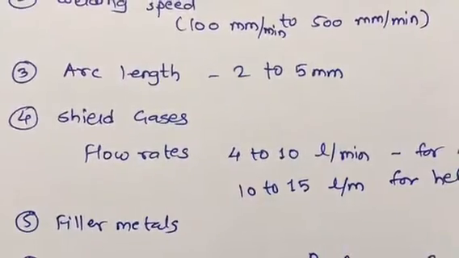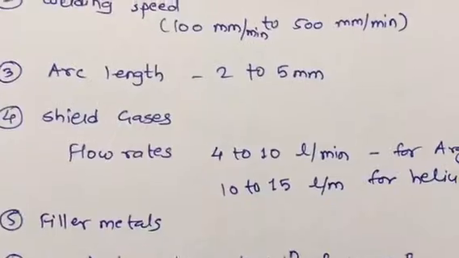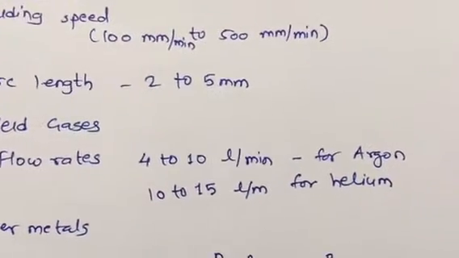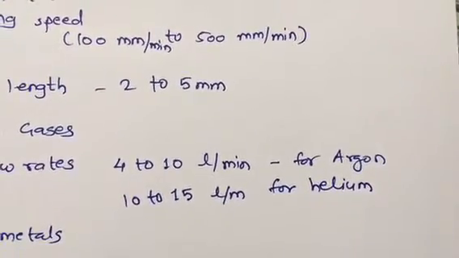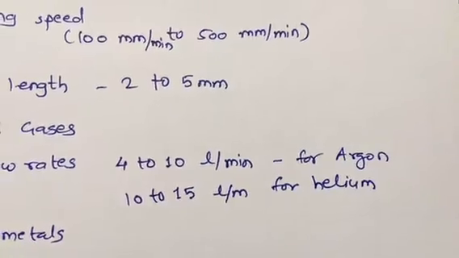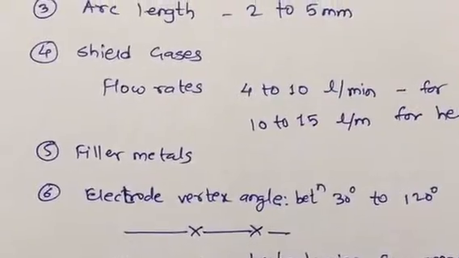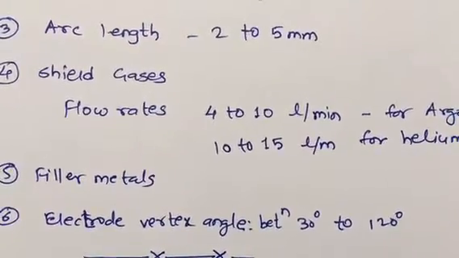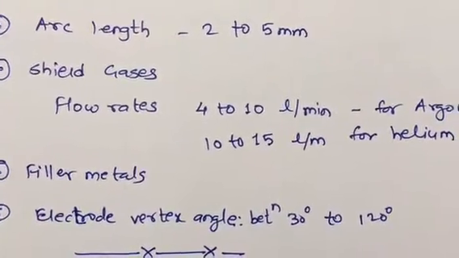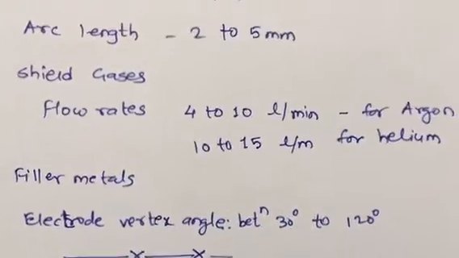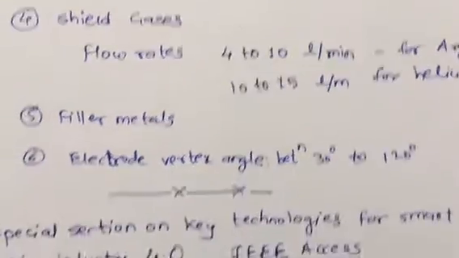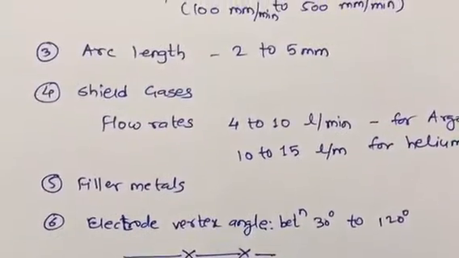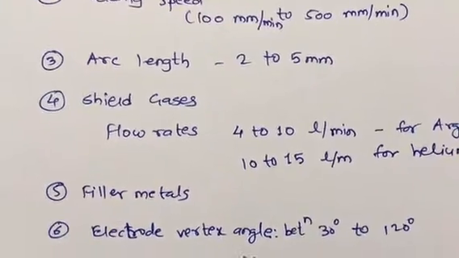The fourth parameter is shield gases to prevent contamination. The flow rates are 4 to 10 liters per minute for argon and 10 to 15 liters per minute for helium. Filler metals are used to provide a good quality weld. And the sixth parameter is electrode vertex angle. It could be between 30 degrees to 120 degrees. Now these are the points from reference number 1.